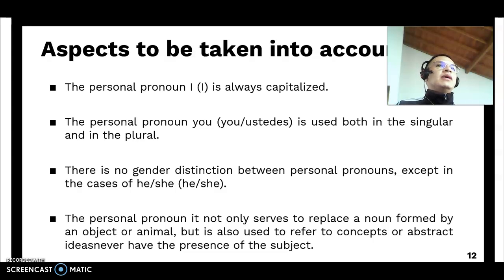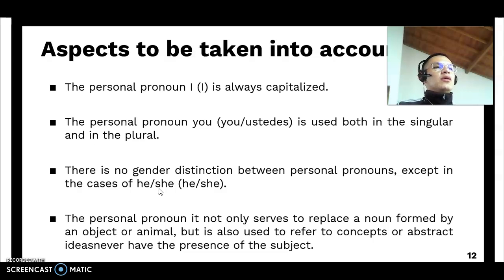One of the aspects that we have to take into account when we use personal pronouns is that the pronoun I is always capitalized, mayúscula. As I told you before, we have to take into account the pronoun you, because we can use it both in singular and in plural, so we have to consider the context of the sentence. There is no gender distinction between personal pronouns except in the cases of she and he, because he is for male and she for female.